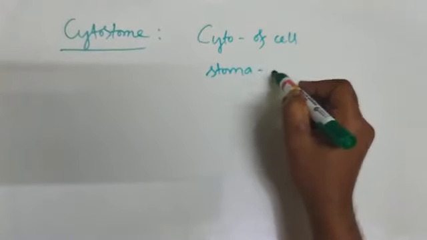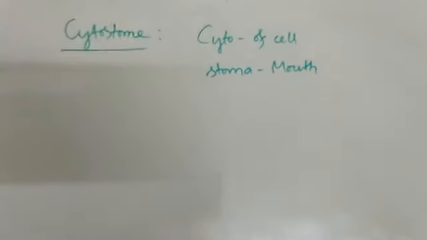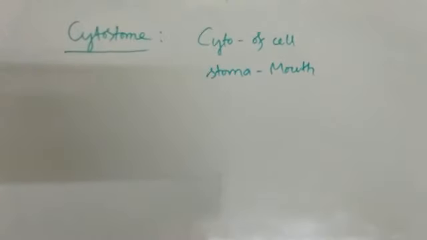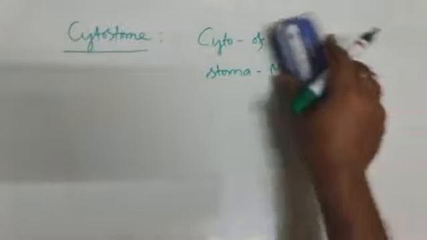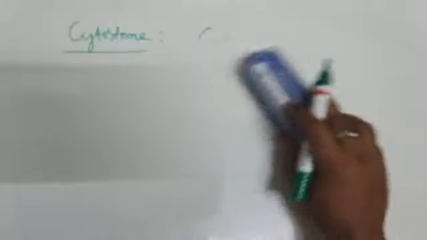Stoma means mouth. It is acting like the mouth of the cell in the paramecium, so it is called cytostome. So through the cytostome the food is taken in by paramecium.